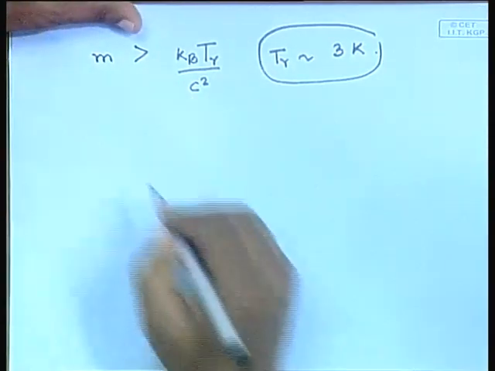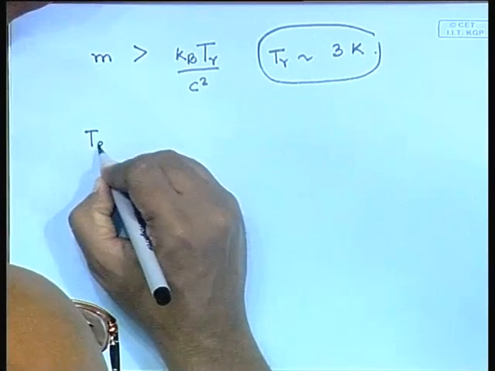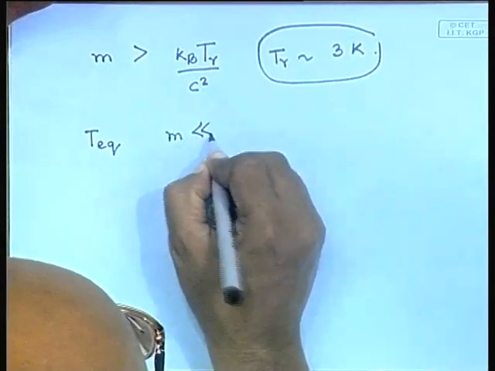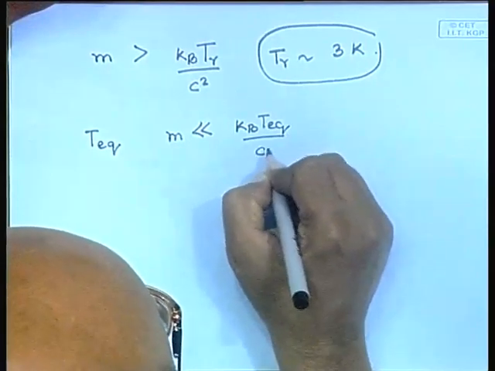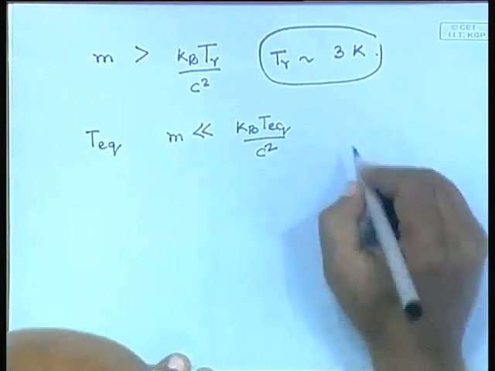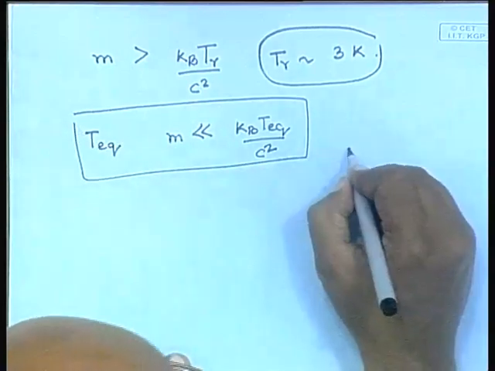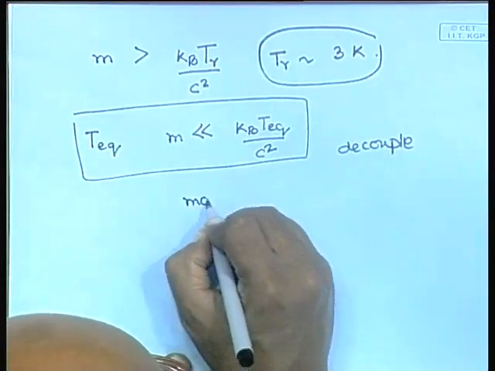And let us also assume that these neutrinos were in thermal equilibrium with the CMBR and the rest of the universe at some temperature which is much higher. When they were in equilibrium, the mass was much lower than kB T, and then they go out of equilibrium at this temperature, they decouple, and they move freely after that.